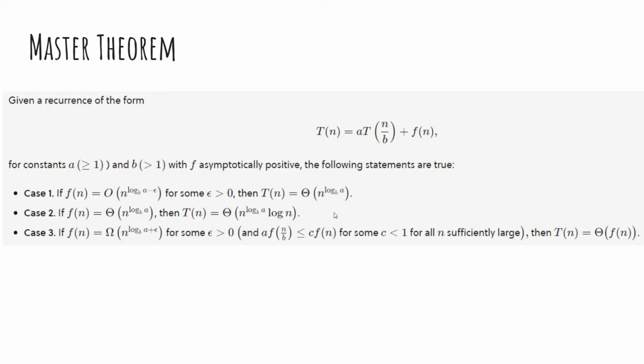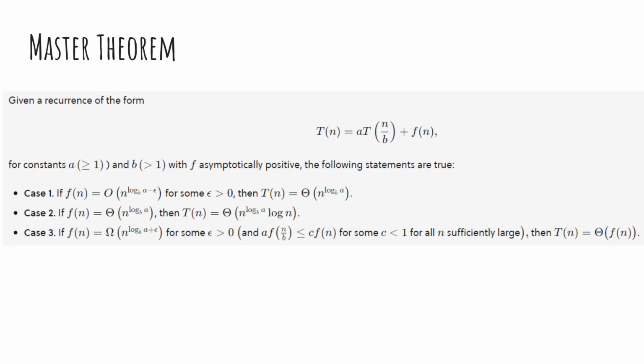In this case, T(n) would be Θ(n^(log_b a)). If f(n) = Θ(n^(log_b a)), then T(n) would be Θ(n^(log_b a) · log n).